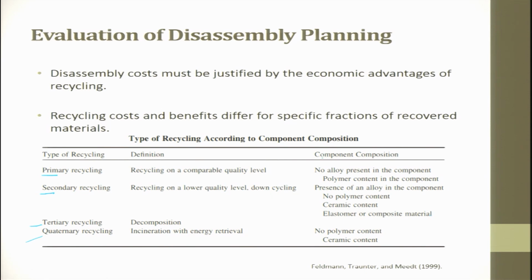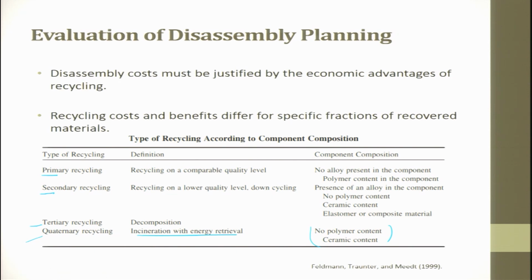So, these are all the component compositions, right. Then tertiary recycling is complete decomposition, no polymer content or ceramic, and quaternary recycling is incineration with energy retrieval. So, this is like biomass, incineration with energy retrieval, again the component composition will be no polymer or ceramic content in it.